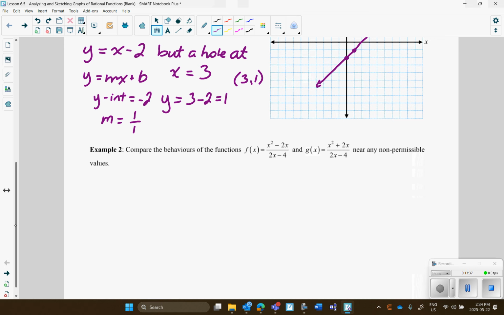So here, what's the behavior between these two functions near their non-permissible values? Well, what would you do to each one? Yeah, so we want to factor. Up top we get x times x minus 2 because it's the GCF. And on the bottom, we get 2 times x minus 2.